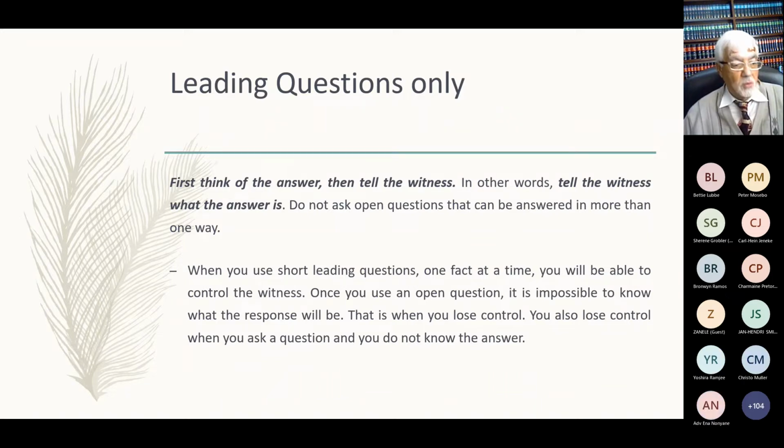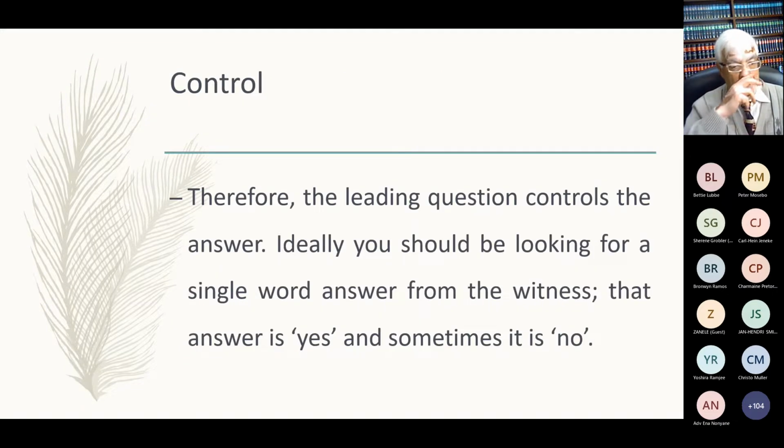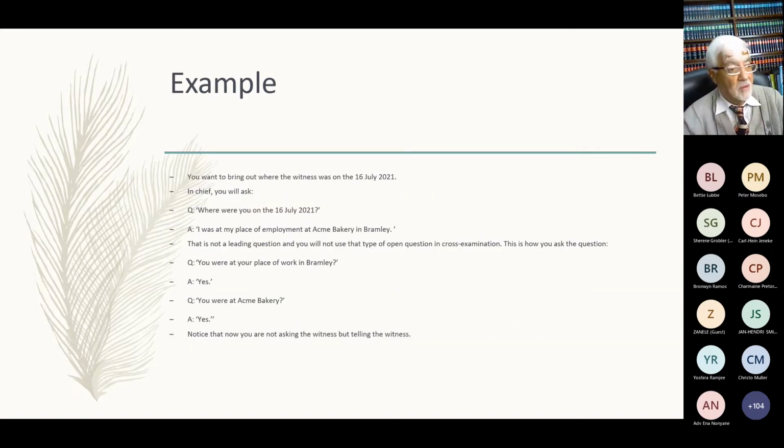You also lose control when you ask a question and you don't know the answer. Now, that's a fool for a lawyer. The leading question controls the answer because you're not asking the witness, you're telling the witness. Ideally, you should be looking for a single word answer, yes or no.